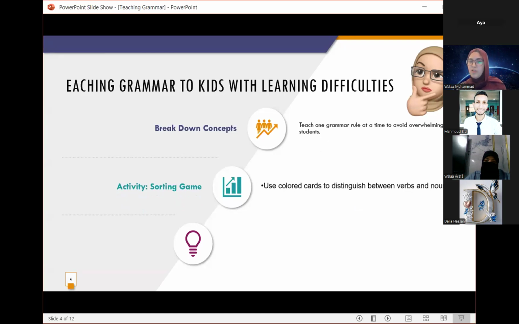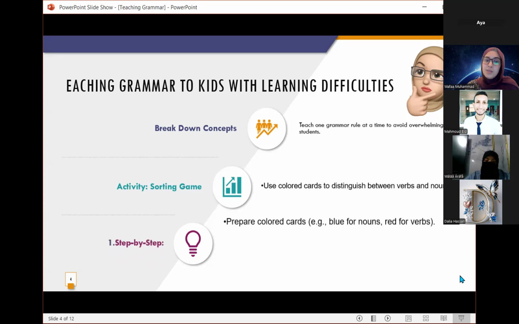Like the nouns are in blue and the verbs are, let's say, in green. This is what they use in Jolly Phonics grammar. Why? Because it engages more than one sensory channel. They see the colors and they try to connect them to the right part of speech and how to construct the sentence in the right way.